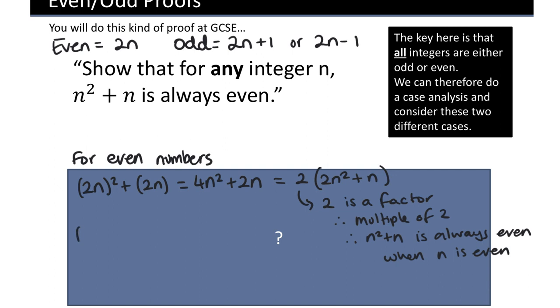Then for odd numbers, we're going to have 2n plus 1 squared plus 2n plus 1. Because for odd numbers, we're letting n equal 2n plus 1, essentially. I know there's a lot of n's, but you know, we really have to think about what's going on.